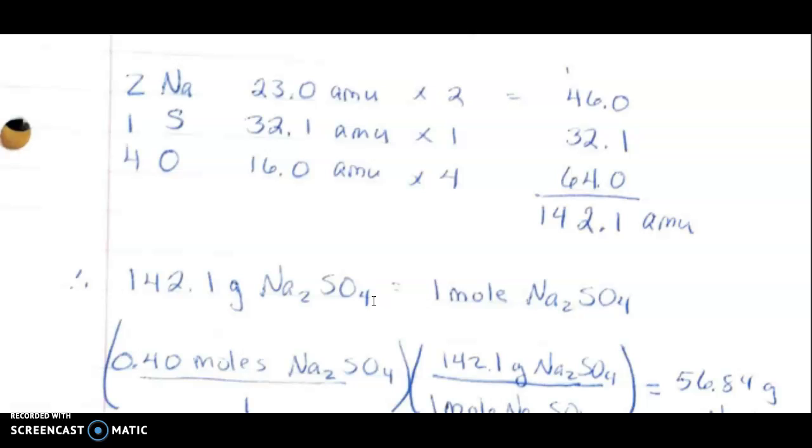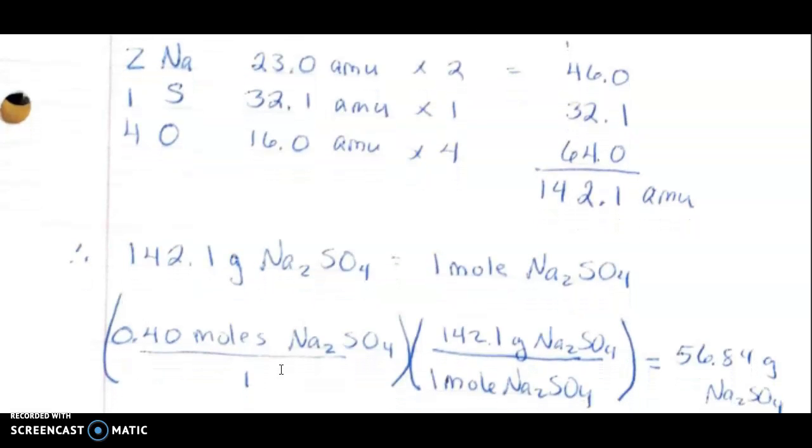Now I have a relationship. I can go back and take my 0.40 moles of sodium sulfate and use this conversion factor. So I'm going to multiply 0.40 moles of sodium sulfate times 142 grams of sodium sulfate because I know that's how much is in 1 mole. My moles will cancel, and this will yield 56.84 grams of sodium sulfate.